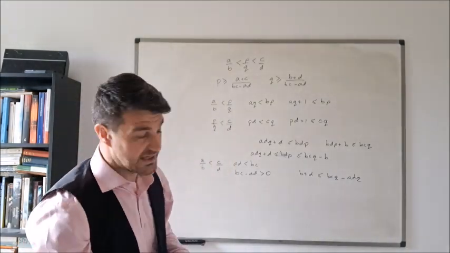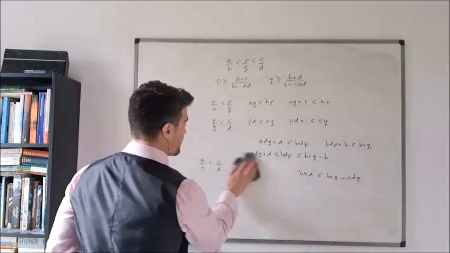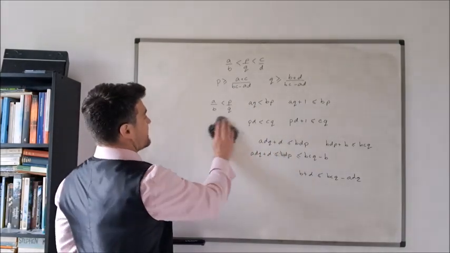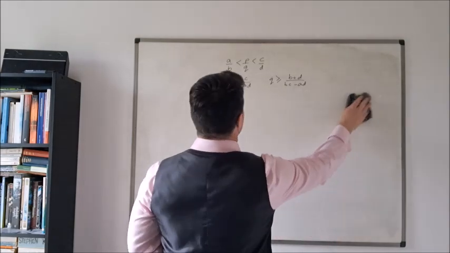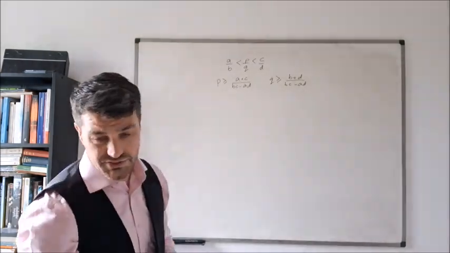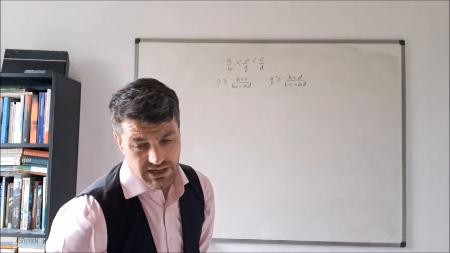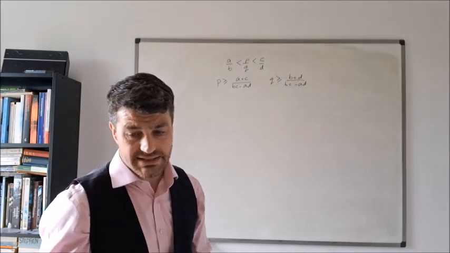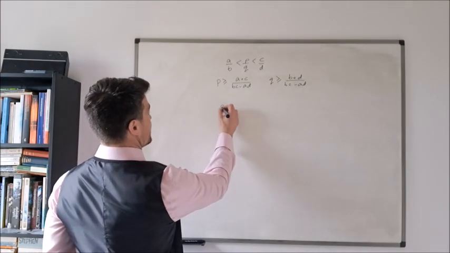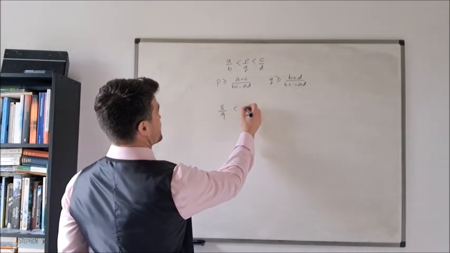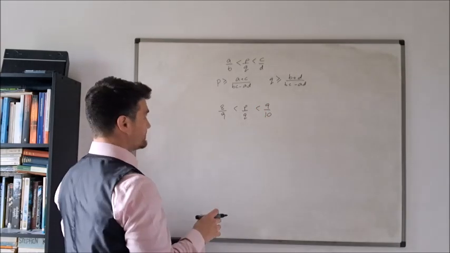There is one last part, and it's kind of an unusual thing. It kind of just follows on a little bit from this, but it's a very strange problem, really. So hence find all fractions with denominators less than 20 which lie between 8/9 and 9/10. So we've got 8/9 less than P over Q is less than 9/10.